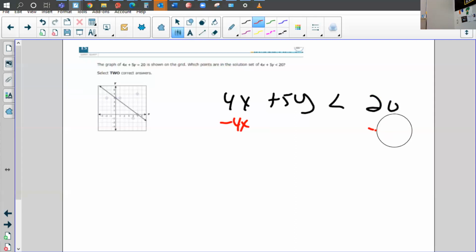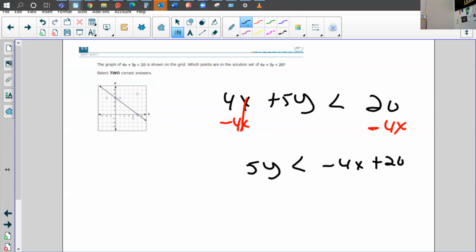That gives me 5y is less than minus 4x plus 20. Divide by 5 on both sides. That gives me y is less than minus 4 over 5 x plus 20 divided by 5 is 4. So yes, it's below the line. In this case, it works. Same sign, so it's below it. So everything below the line.